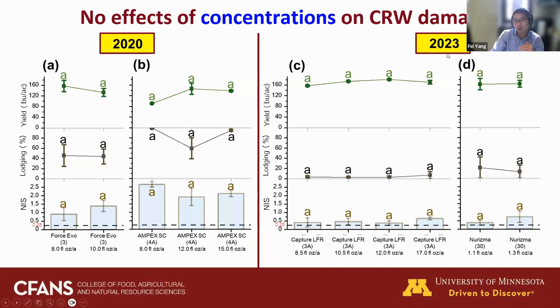Similarly, in 2023, we used several concentrations of Capture ranging from 8.5 ounces per acre to double the concentration, 17 ounces per acre, and we didn't find any differences for these three parameters. And the same thing for the insecticides from group 30 and Ehrisma, which were similar between different concentrations.